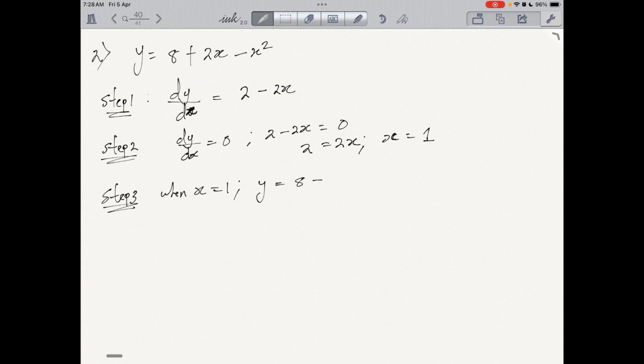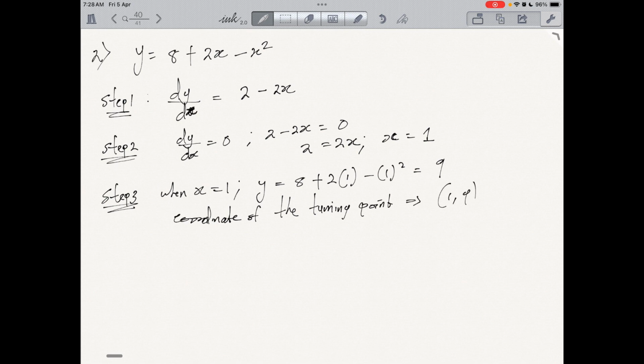That's 8 plus 2 into 1 minus 1 squared, and this will give us 9. Therefore, the coordinate of the turning point is 1, 9.